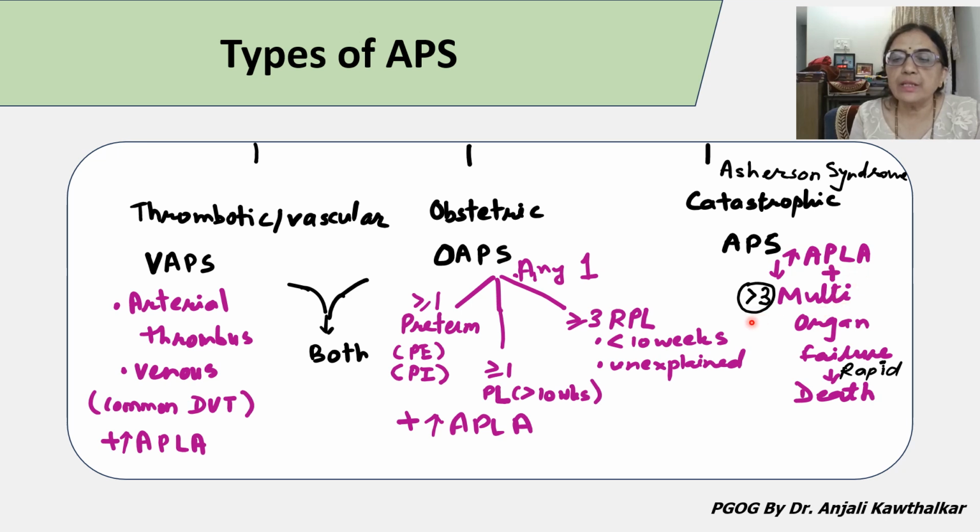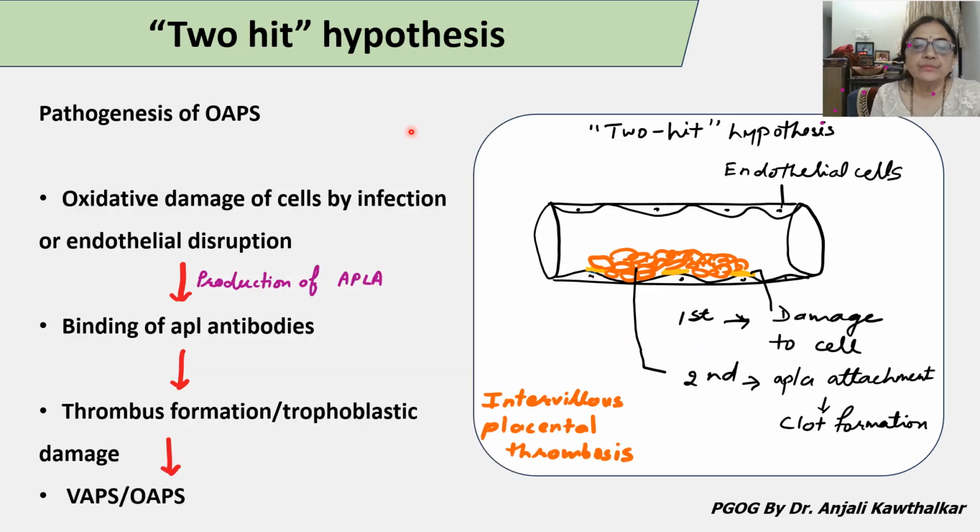At least three organs are showing failure, and there is rapid progress of the disease with high chances of mortality. There are high levels of antiphospholipid antibodies and a fast progressive disease, and that is why it is called catastrophic antiphospholipid syndrome.